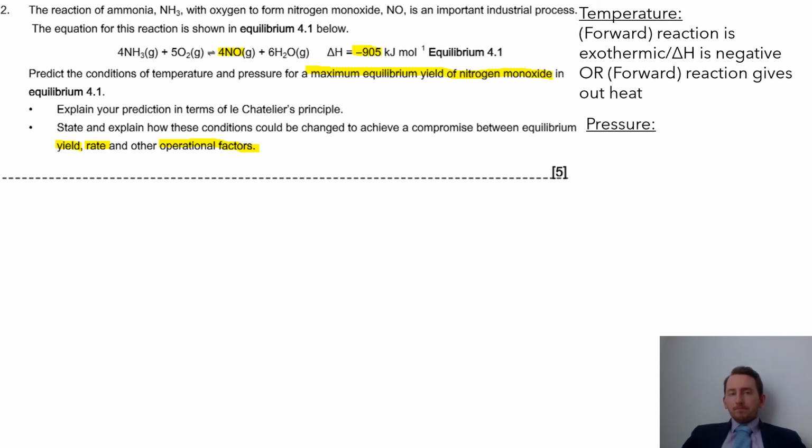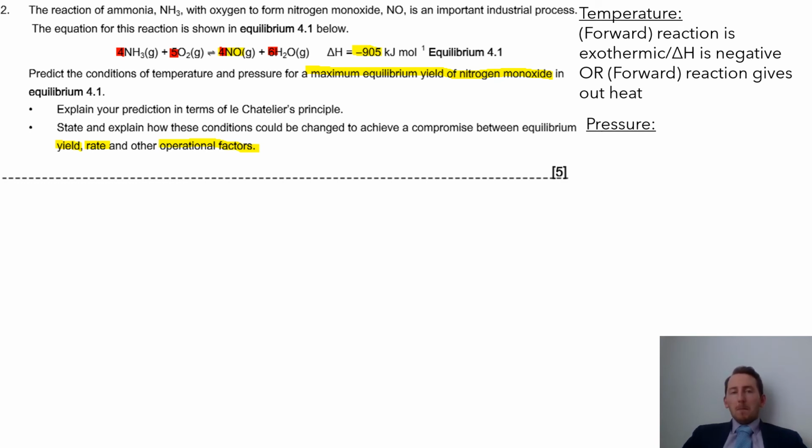The pressure, well, again, we need to add up what moles we have on each side. Left hand side, we have 4, 5, and on the right we have 4 and 6. So we've got 5 plus 4 is 9 on the left, and we've got 4 plus 6, that's 10 on the right.